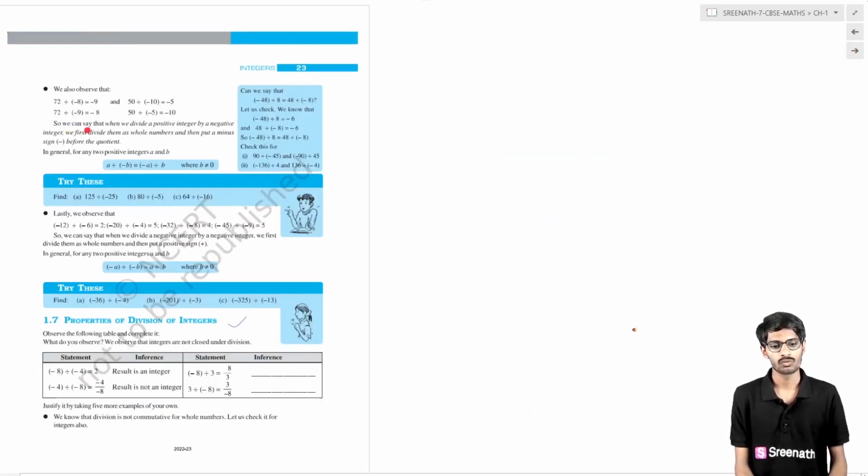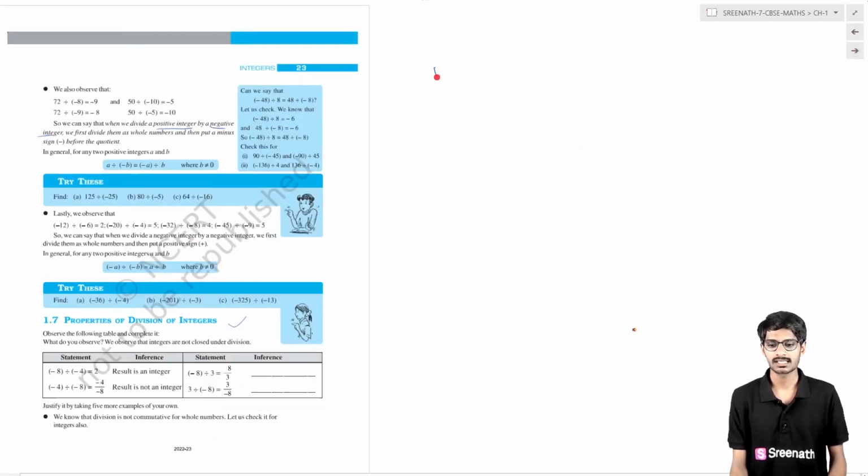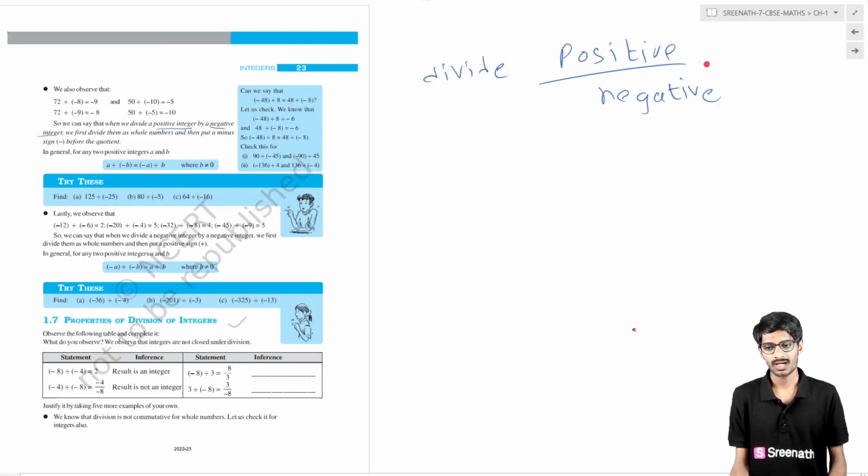And so we can say that whenever we divide a positive integer by a negative integer, the resultant is also negative. We first divide them as whole numbers and then put a minus symbol.